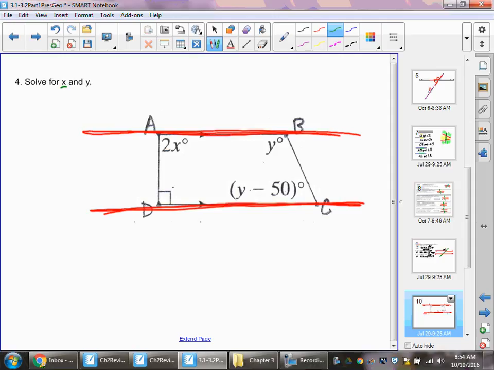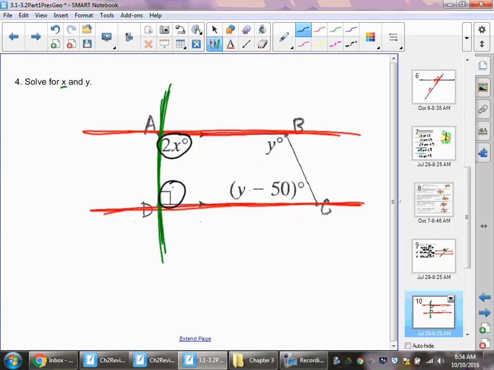So x is with this transversal. So what I'm going to try to do is figure out what is the relationship between 2x and the other angle touching my transversal and other parallel line. Notice that 2x and that box, also known as 90 degrees, are on the interior of my red lines and on the same side of my transversal.